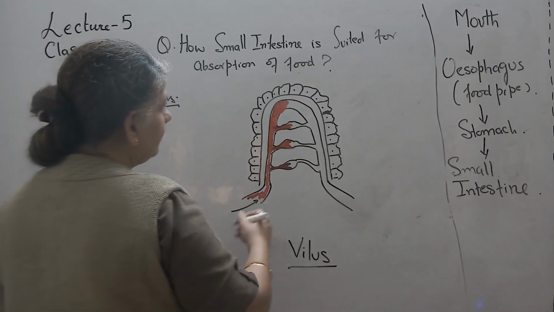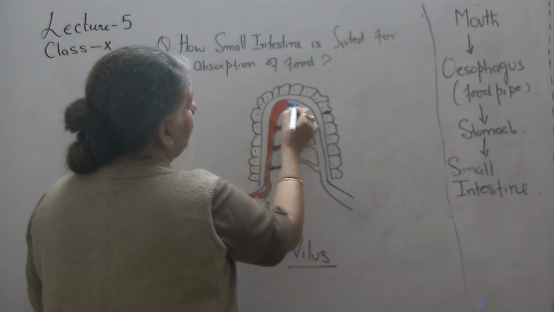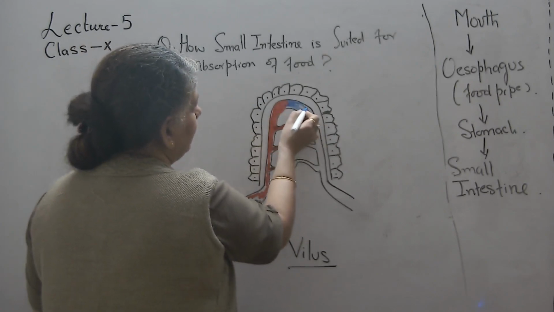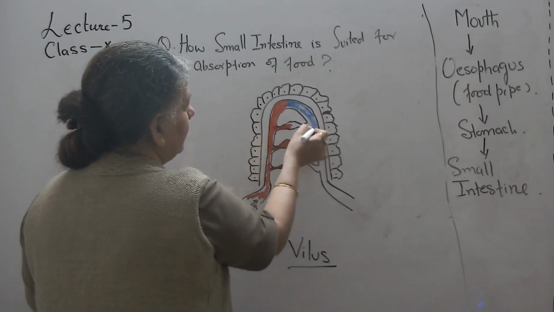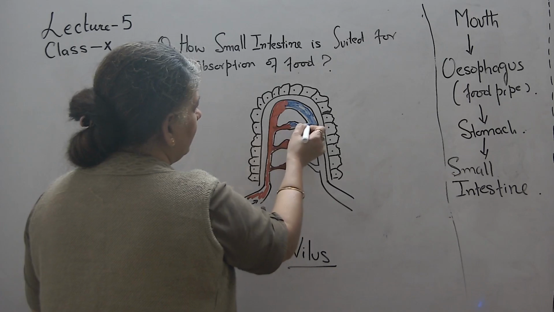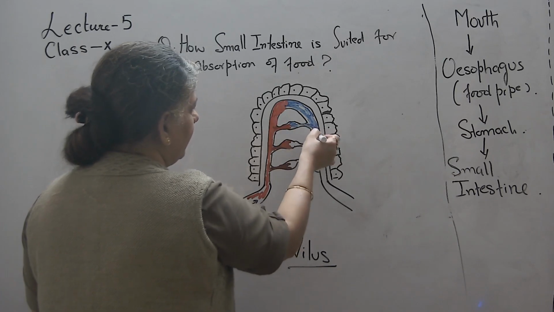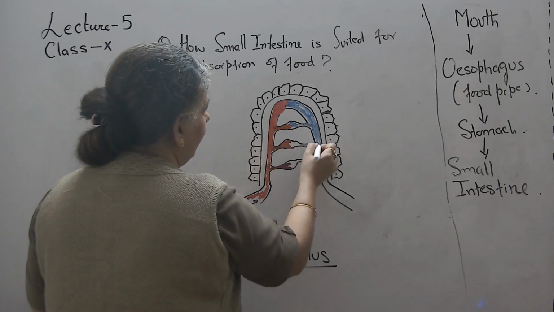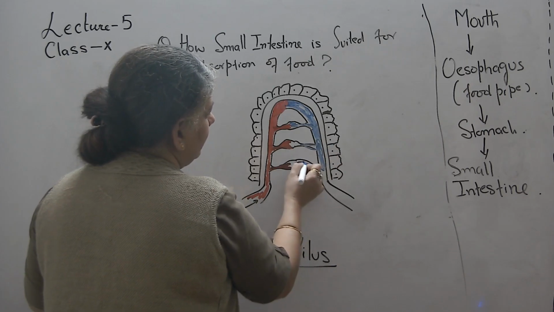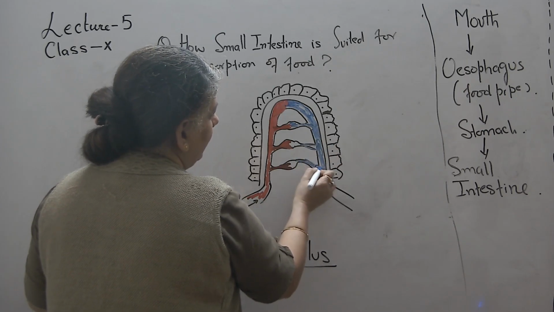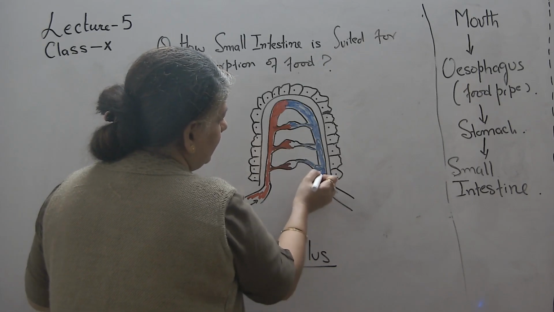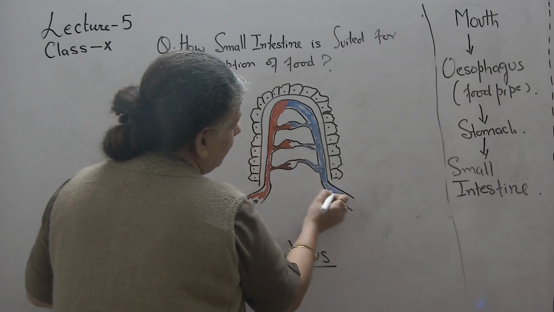And this blue one is veins. So the diffusion process is taking place inside the villus, which has a large network of blood capillaries or blood vessels.